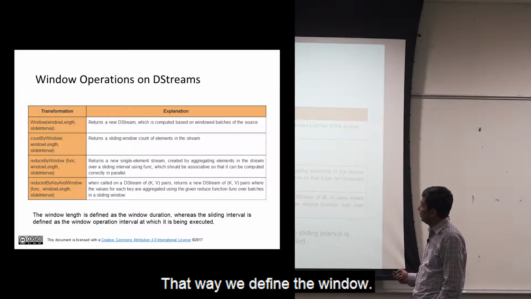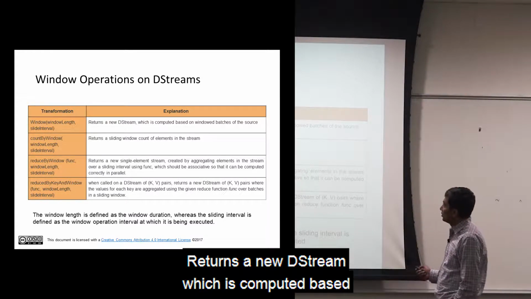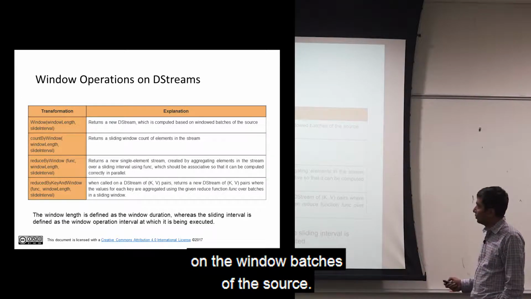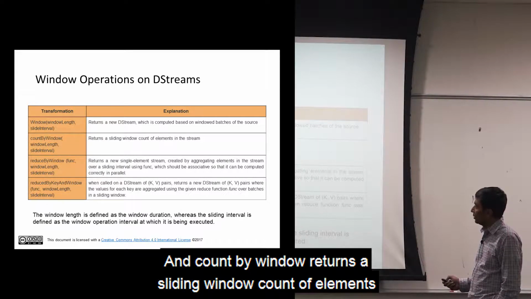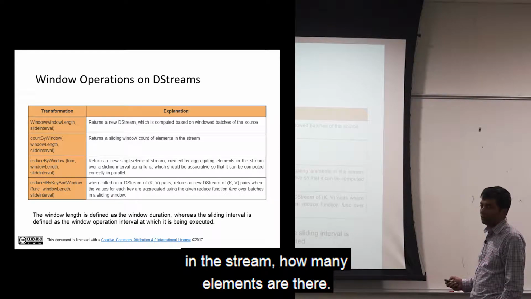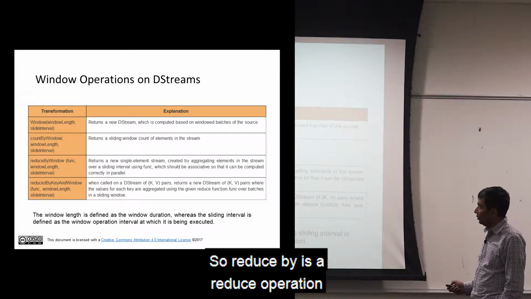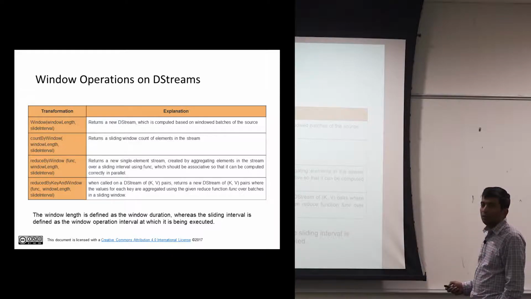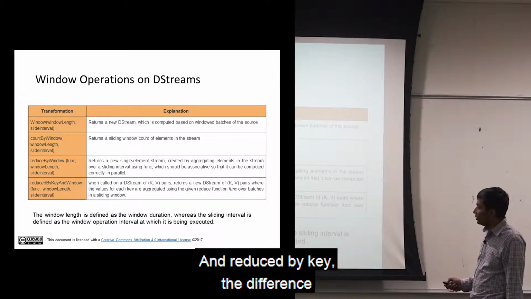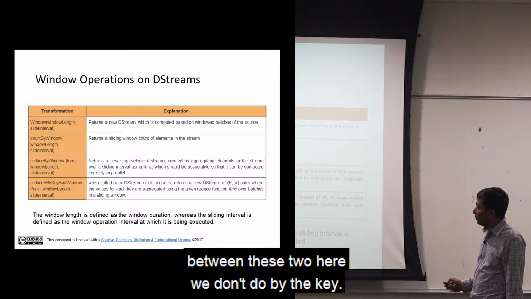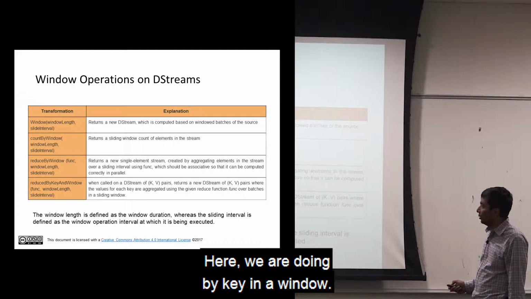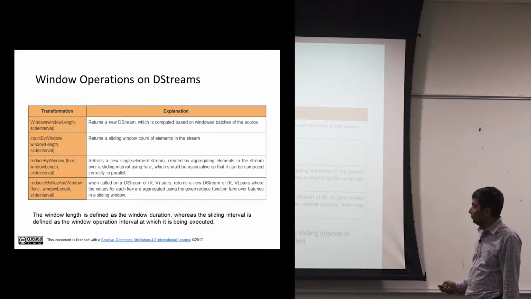That way we define the window. It returns a new DStream which is computed based on the windowed batches of the source. And countByWindow returns a sliding window count of elements in the stream. How many elements are there? reduceByWindow is a reduce operation, but within the window. And reduceByKeyAndWindow, the difference between these two is that here we don't do it by key. Here we are doing it by key in a window.